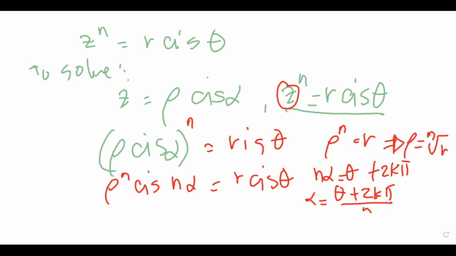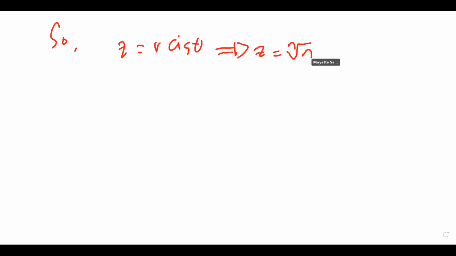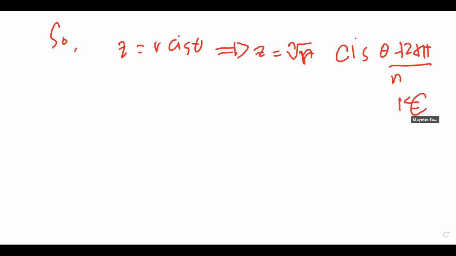So this will give us z equals r CIS theta implies that z is equal to the nth root of r CIS of theta plus 2k pi over n, where k is an element of the integers.